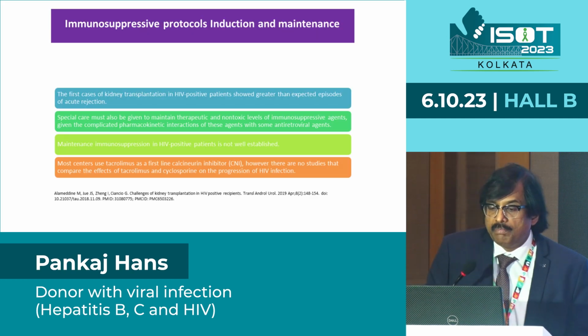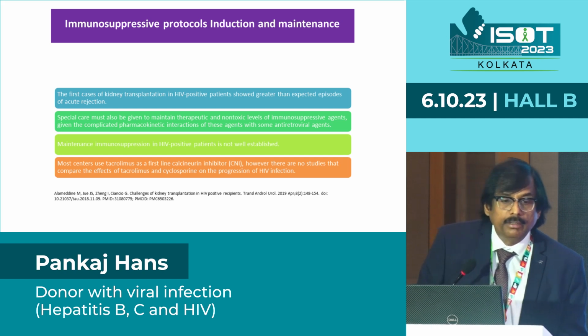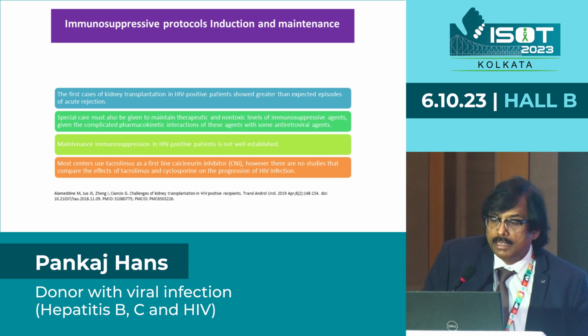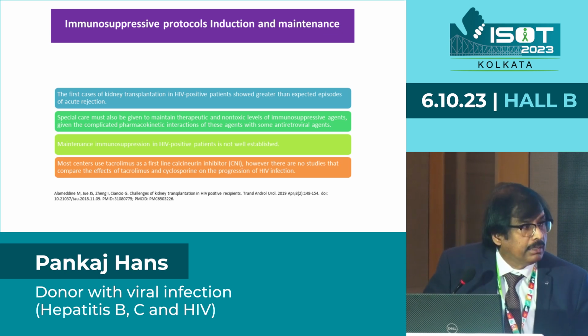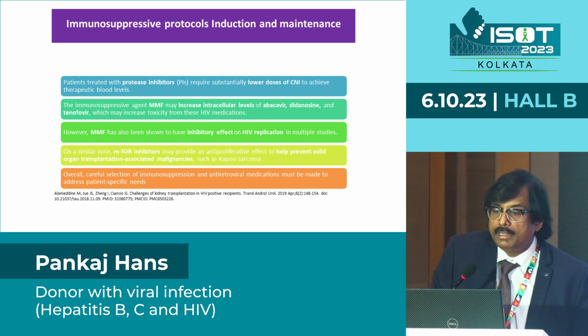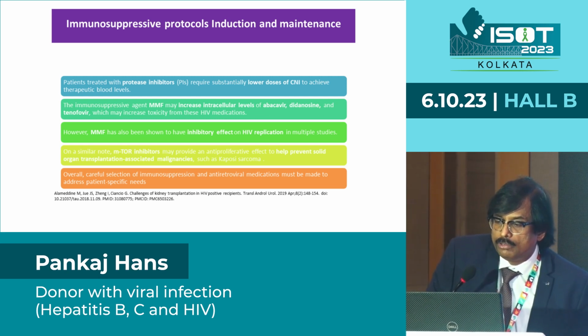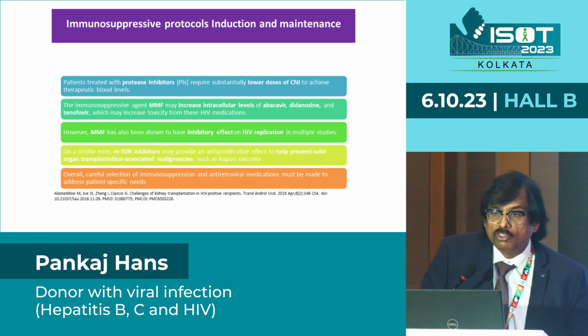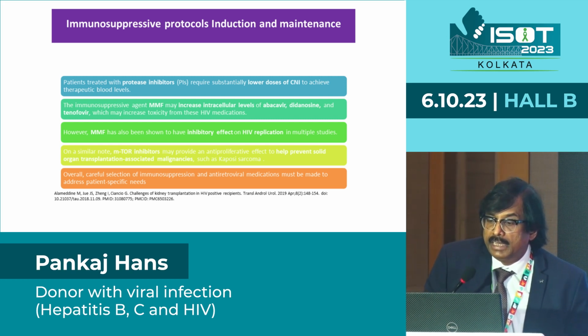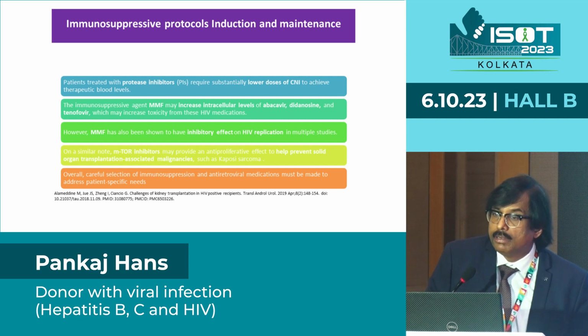As for the immunosuppressive protocol in these patients, most centers use tacrolimus as the first line CNI, but there are no studies that compare the effects of tacrolimus with cyclosporine. In patients treated with protease inhibitors, lower doses of CNIs are to be used because the level is increased. MMF actually increases the intracellular level of tenofovir.